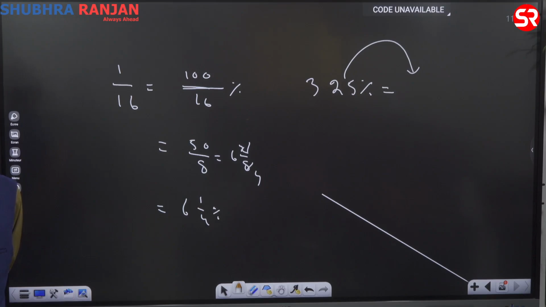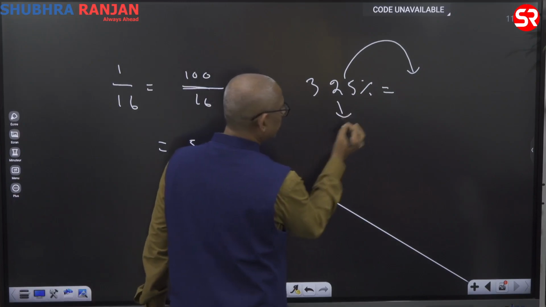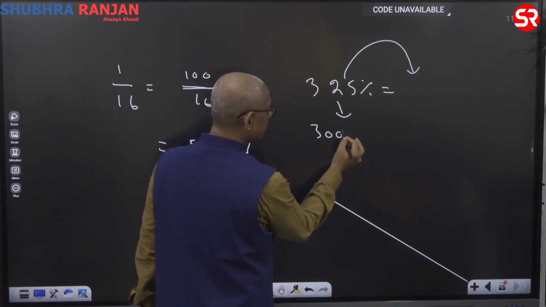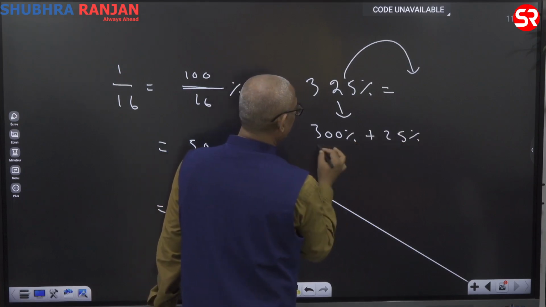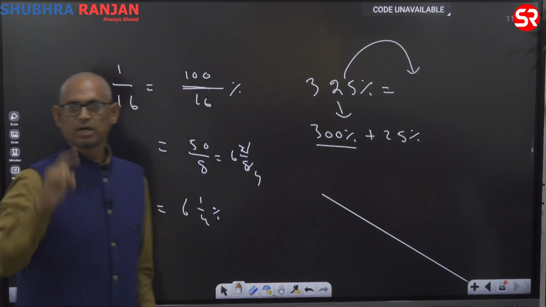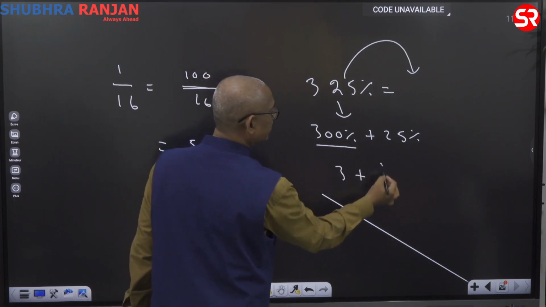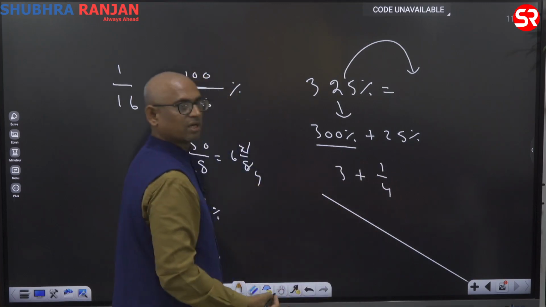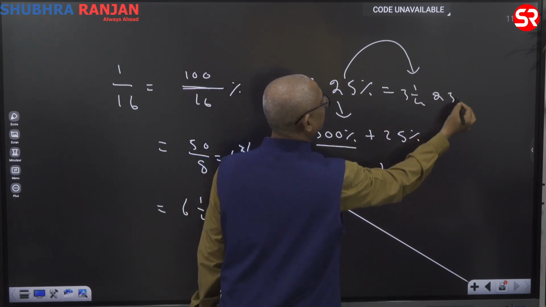But we require it in mixed fraction. 3 1/4. Listen carefully, that is very important. 325 can be written as 300% plus 25%. 100% means 1. 300% means 3, plus 25% means 1/4. So answer is 3 1/4 or 3.25.